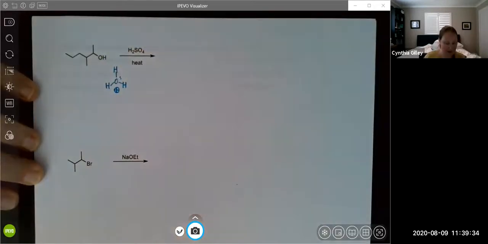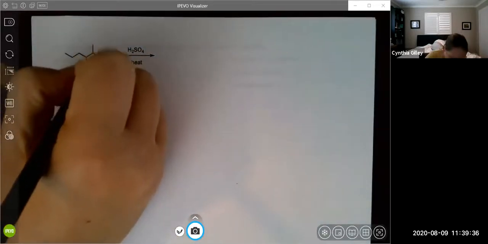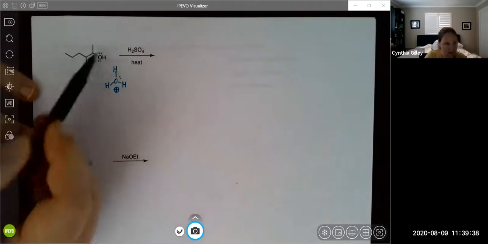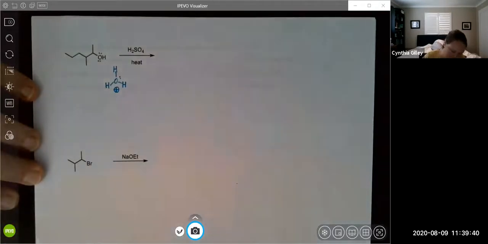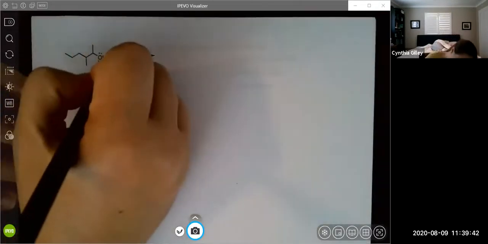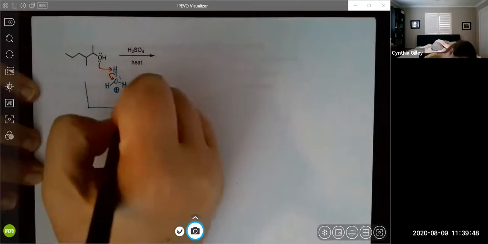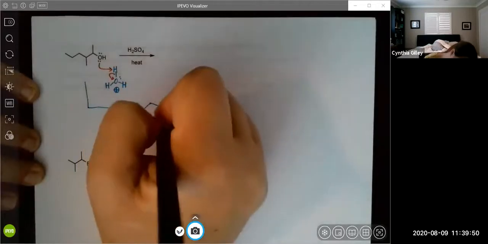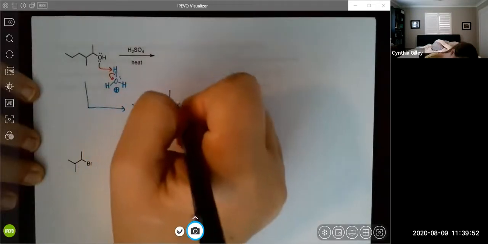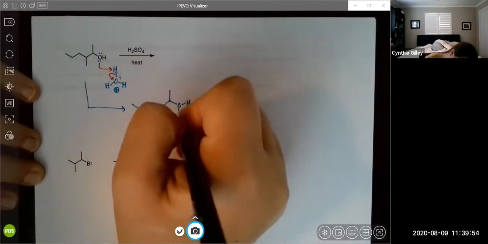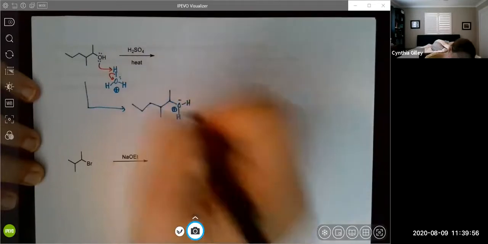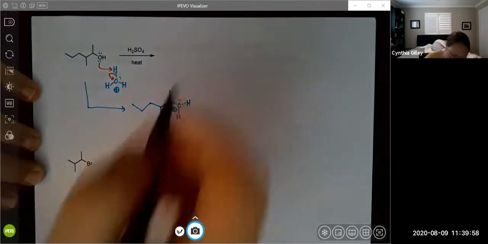The point of that is to have a strong enough acid in solution to make a good leaving group here. Now that we have a good leaving group, we can leave.